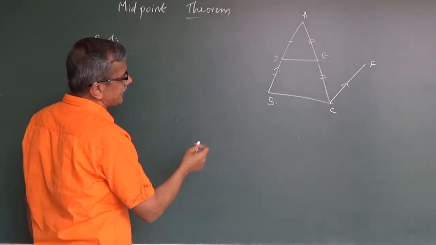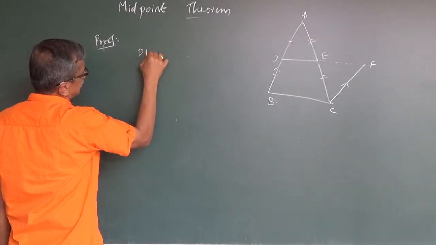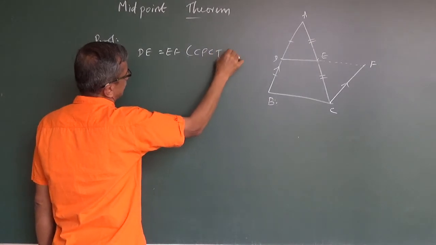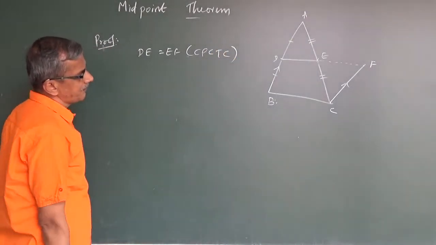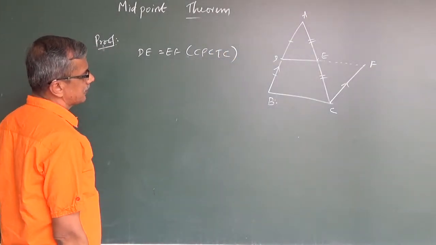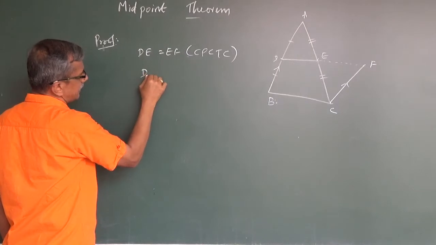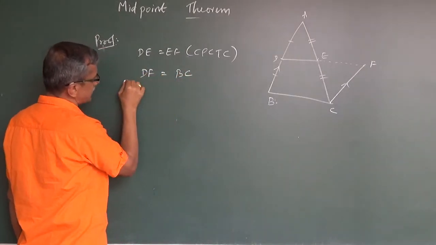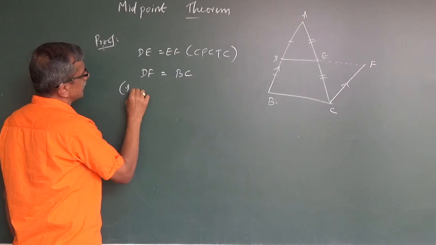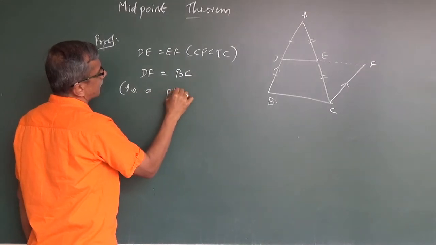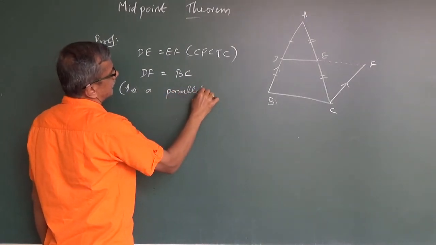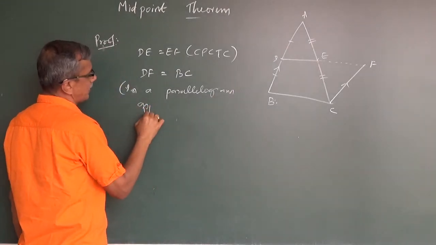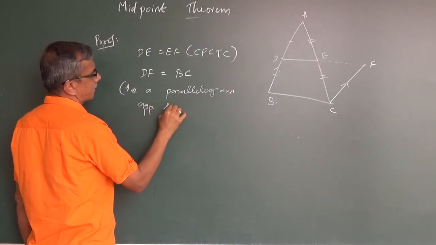Now DE and EF are equal by CPCTC, and DF is equal to BC, because in a parallelogram opposite sides are equal and parallel also.